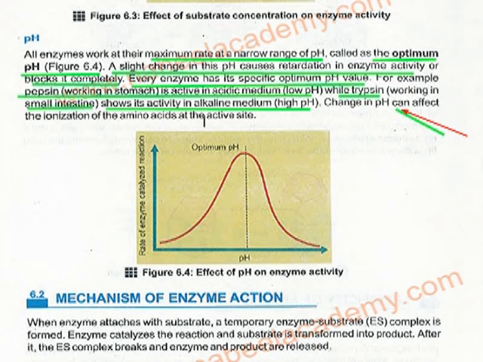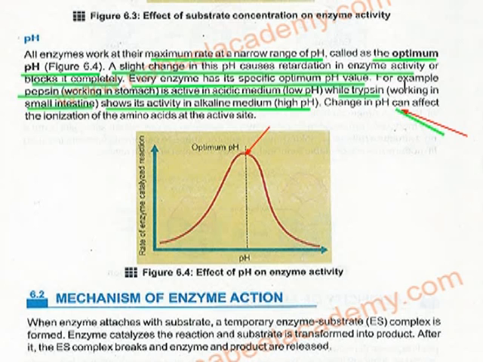So the enzyme will not work when the ionization of the amino acids is seen, and that happens because of the change in pH. Again, see, this is a graph which you can understand. Optimum pH has enzyme activity at its highest here, and then it starts declining.